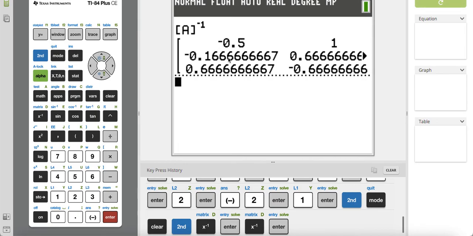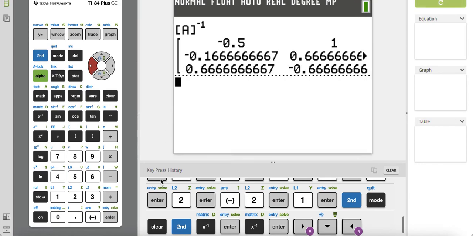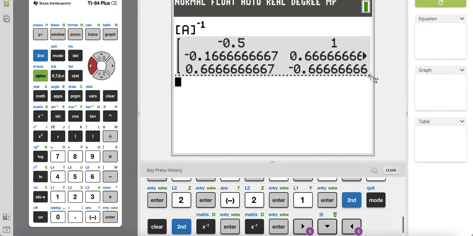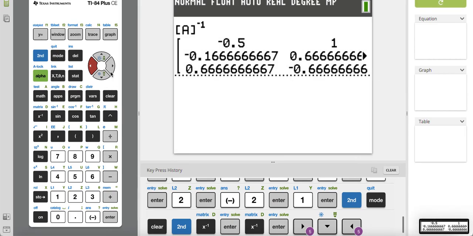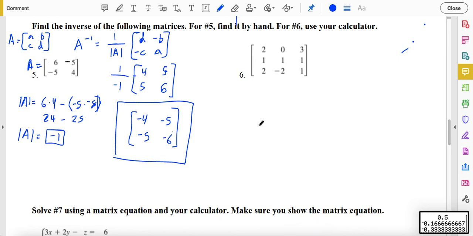If you know the fractions of these, that is possibly of help to you. So I'm just going to screenshot this, and we'll paste it in there for our solution.